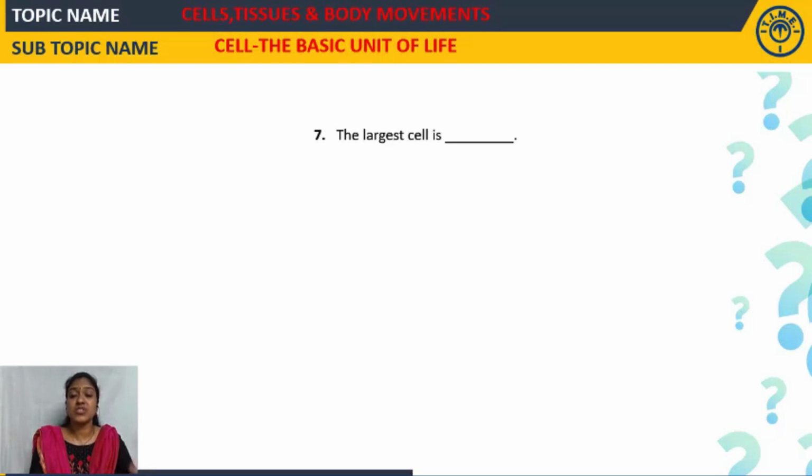The average size of an ostrich egg is about 13 centimeters in width and 15 centimeters in length, and it weighs about 1.5 kg, which is 20 times bigger than a normal chicken egg. So the largest cell ever known is the egg of the ostrich.